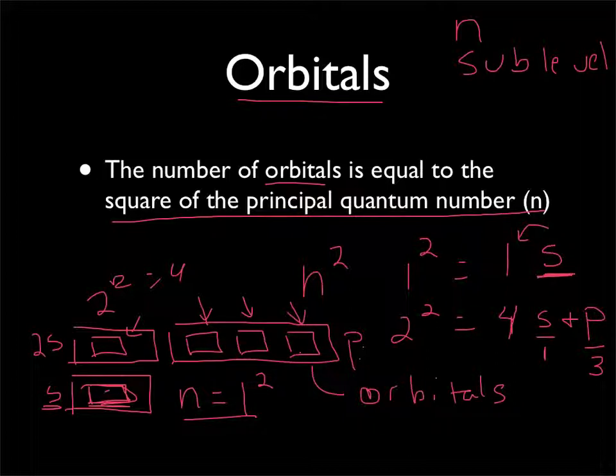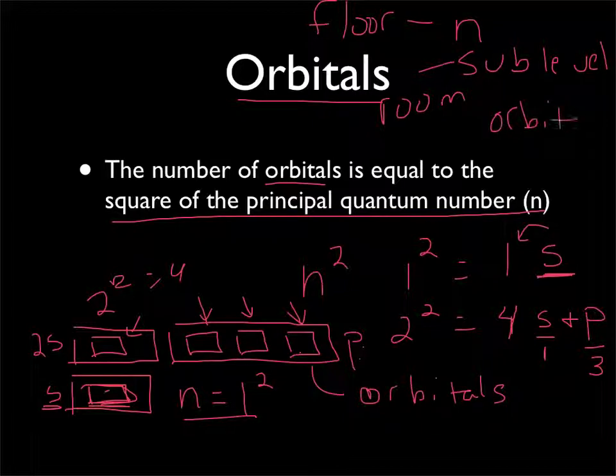So try to relate that to something a little easier and think of the N as the floor, sublevel as the room, and orbitals as the beds. So it's not very complicated if you put it down in those simple terms.